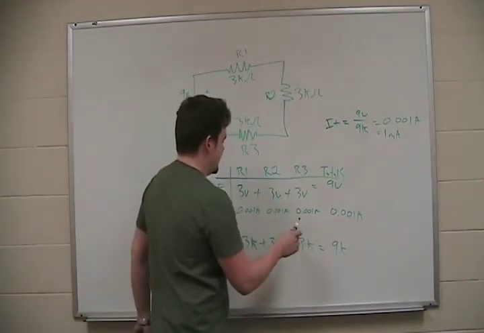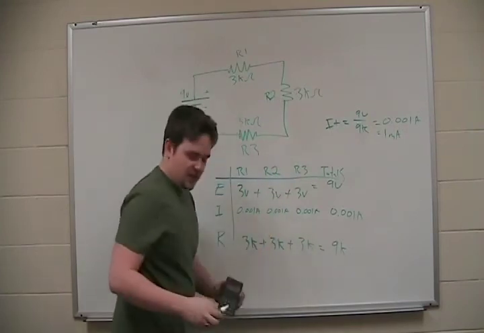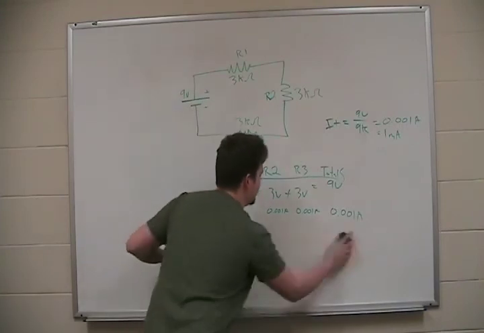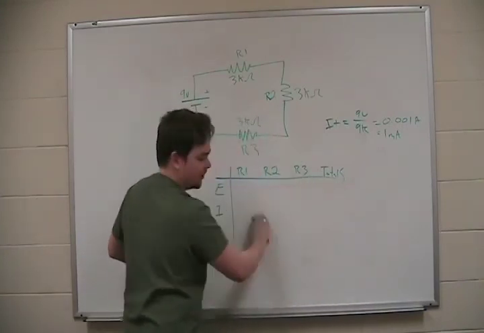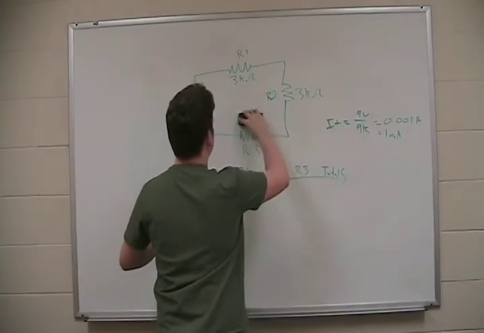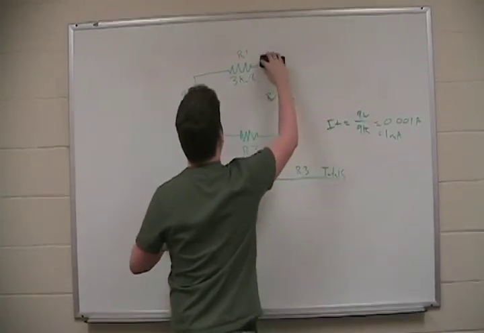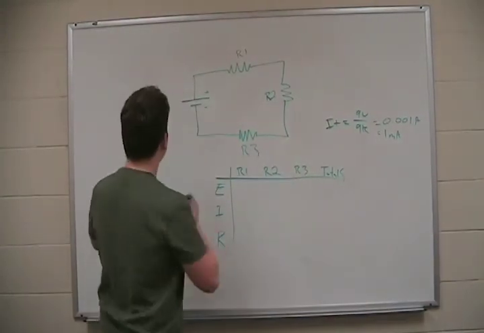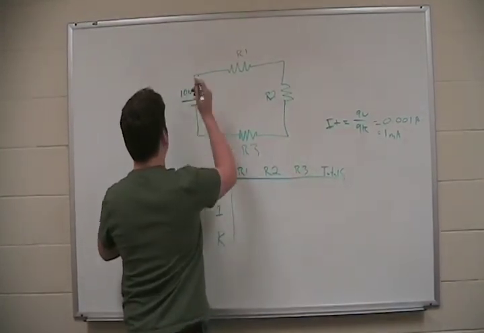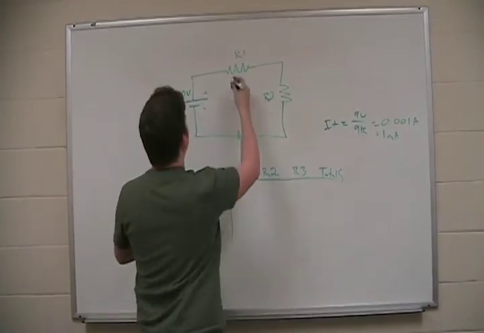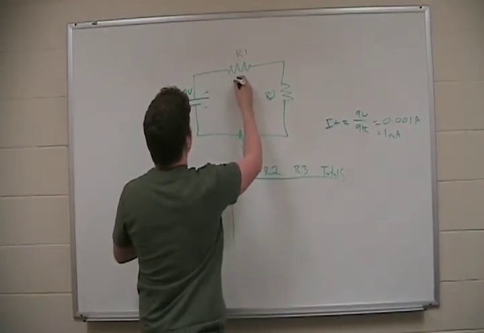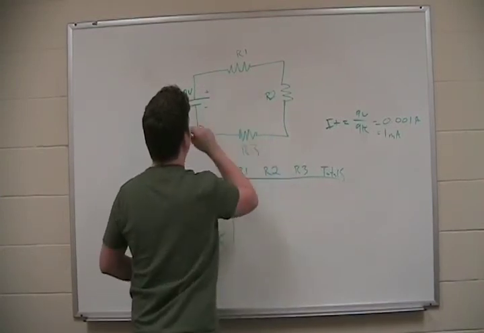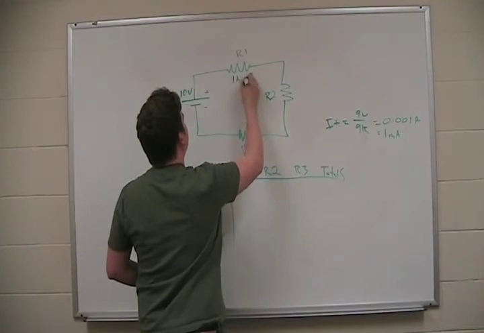If we had, you know what, let's switch this up a little bit. Let's erase this, and we'll mix our circuit up a little bit. We'll change our values. 1K.